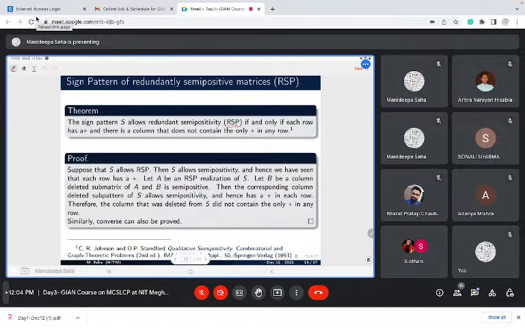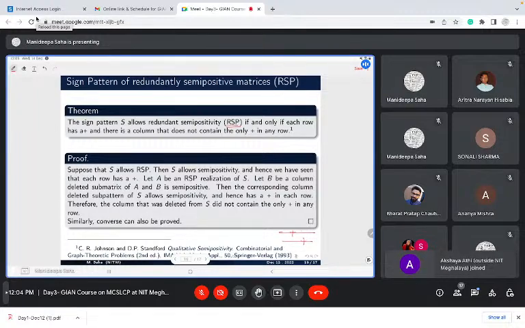What do I mean? I have each row has a positive entry. So these are 2 rows, each has a positive entry. Suppose it has a positive entry here, and the next has a positive entry here. Then there is a column that does not contain the only positive in any row.